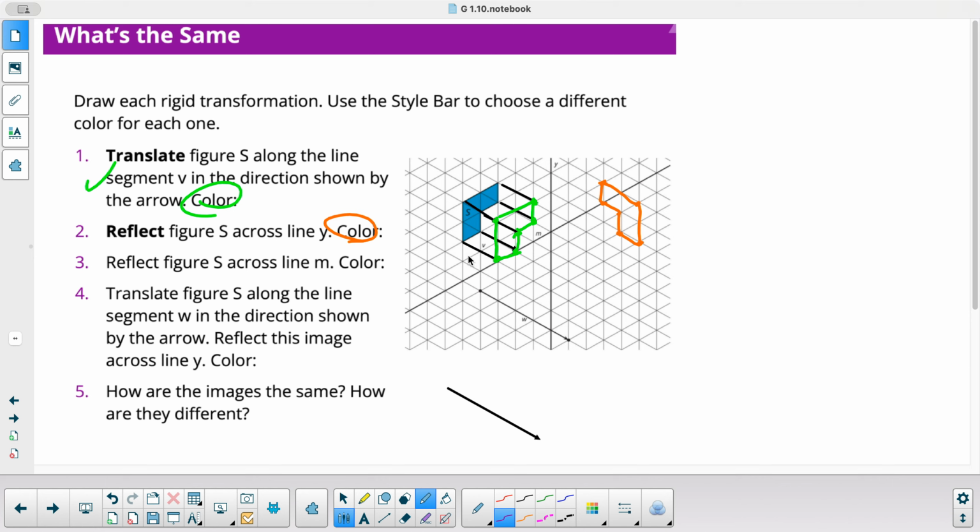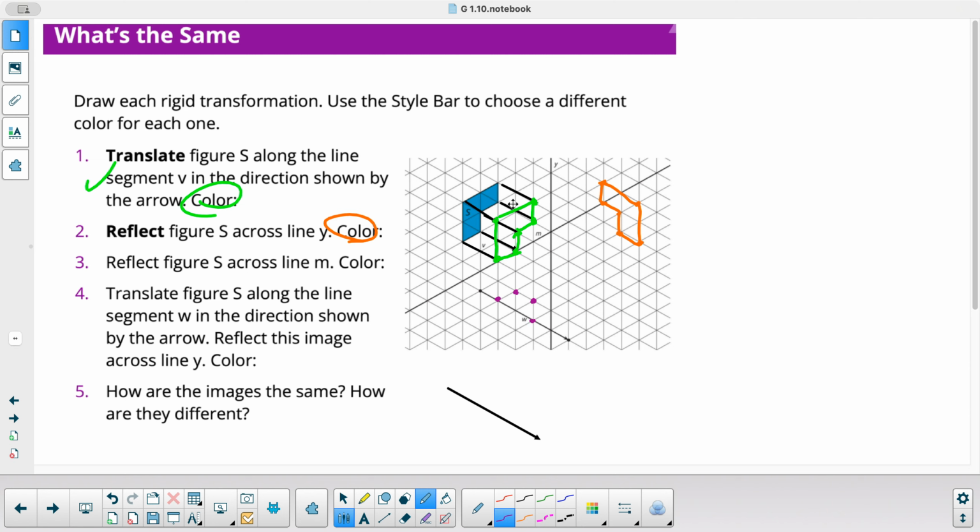So I'm going to count 1, 2 triangles, 1, 2 triangles, 1, 2 triangles, 1, 2. This point here is 1, 2, 3. This point is 1, 2, 3, 4.